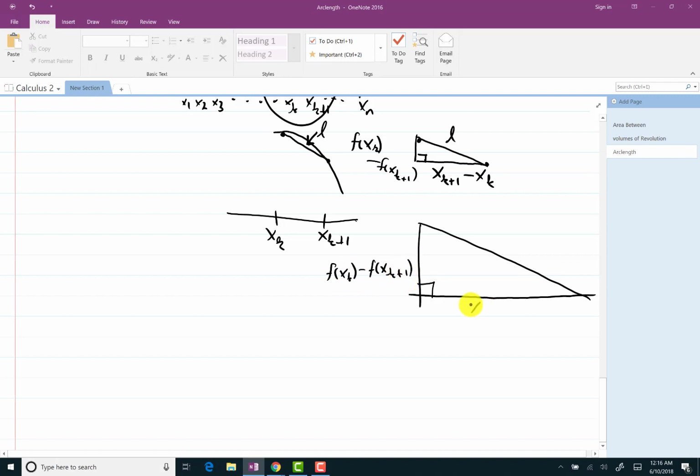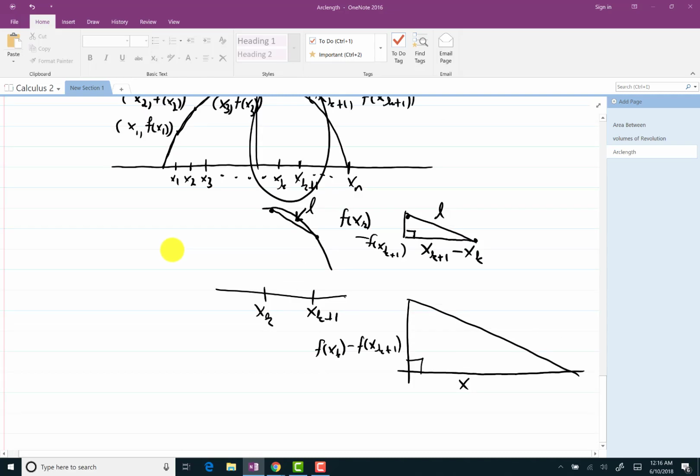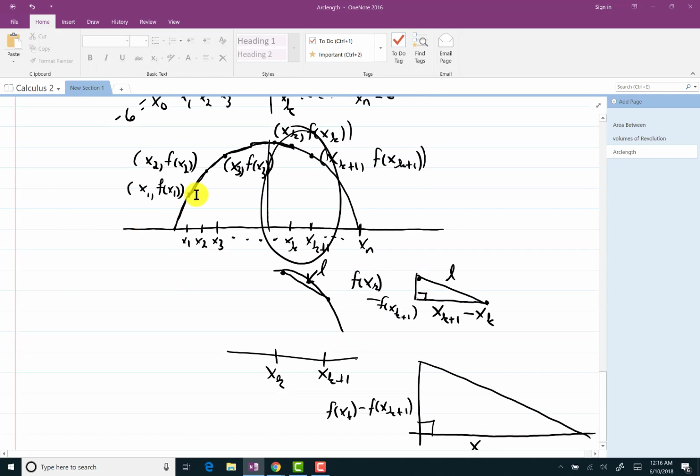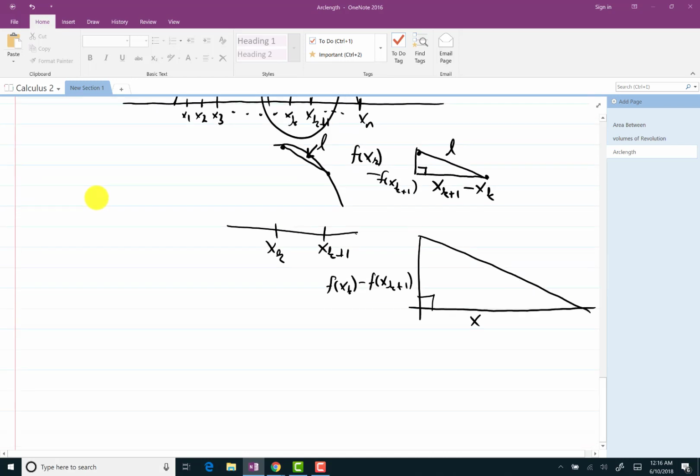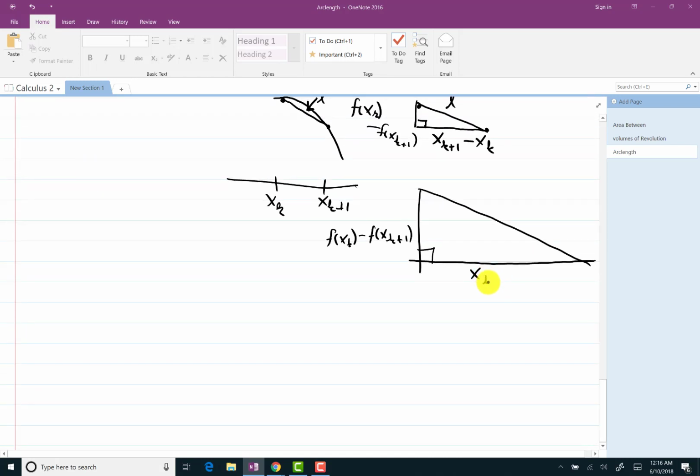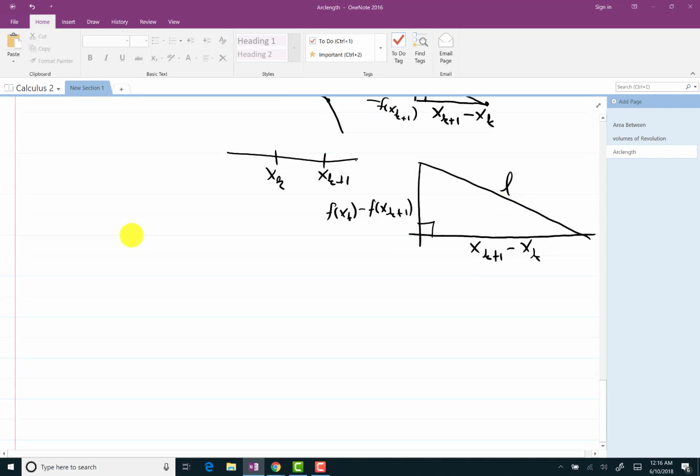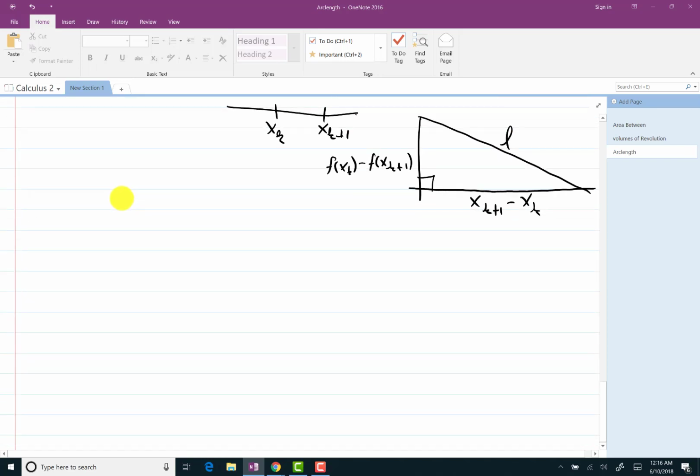Down here, this distance, if you're going to keep it a positive distance, would be xk plus 1 minus xk, so it's switched there. And there's L. Let's go ahead and use the Pythagorean theorem to get a handle on L. So we know that L equals the square root of this squared plus this squared. I'll put the x's first.